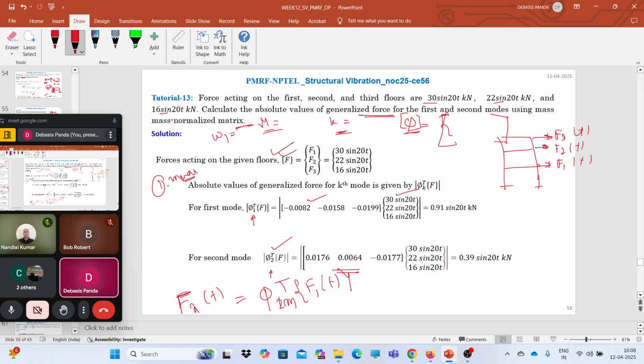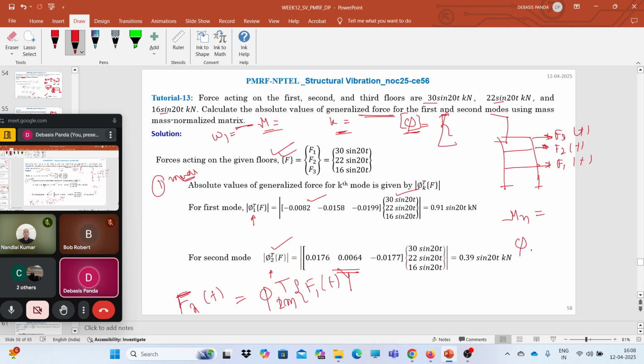What do you need to do? Tell me. If instead of solving this problem, they give you the M value, K value, phi value, F value, and then ask for the generalized force, what will you do? First, you need to find the Mn, right?